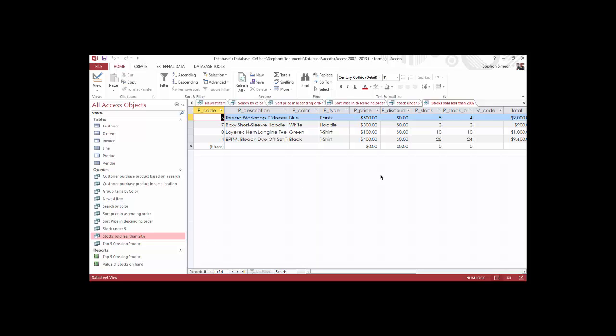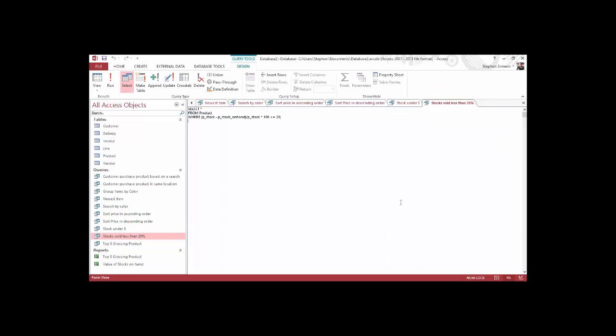This query calculates the percentage of stock that was sold. It takes the stock minus the stock on hand, so you get the remainder, divides it by the current stock, and multiplies by 100, so you get the percentage. If the percentage is less than 20, it presents the results.